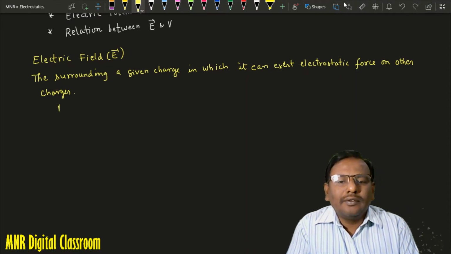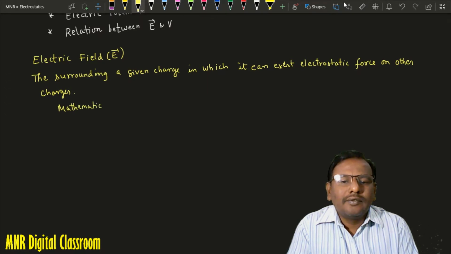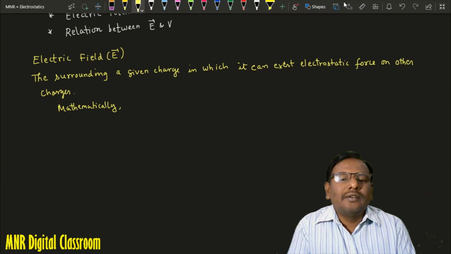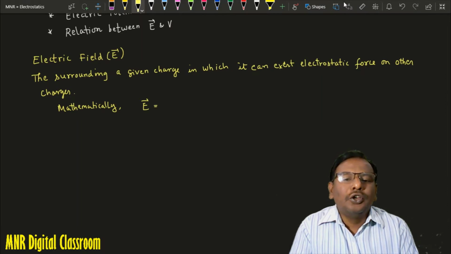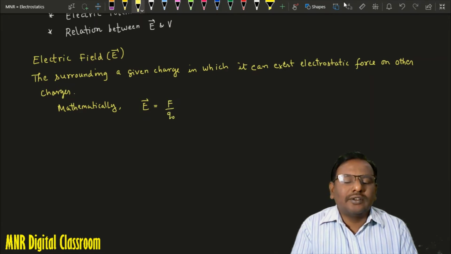Mathematically, we can write the electric field at any point due to a given charge Q as the force experienced by a unit positive test charge.